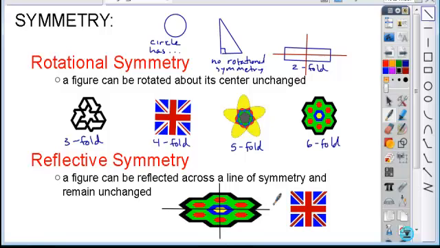So if we drew a line through here, yes, it would cut it into two equal pieces, but when we reflected this piece up here, it would be out here more. It would look more like a butterfly, right? Does this look like it splits it into two mirrored images? No. So there's no diagonal lines of symmetry on this.